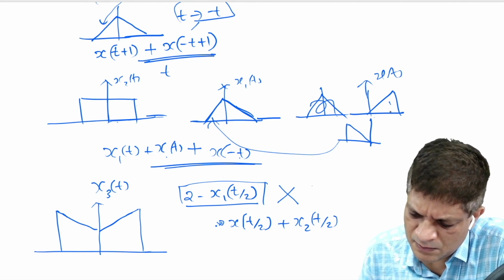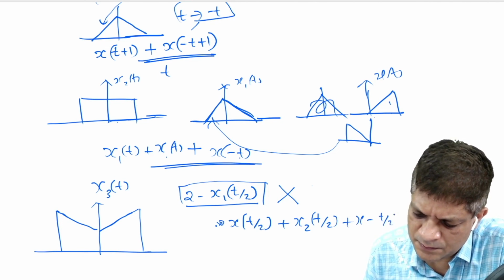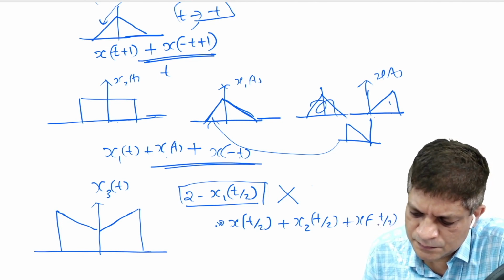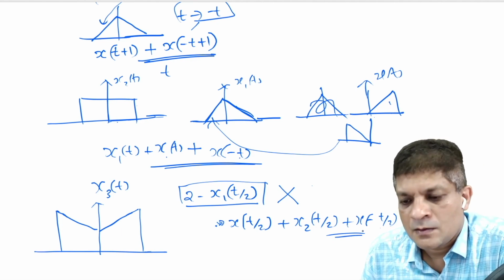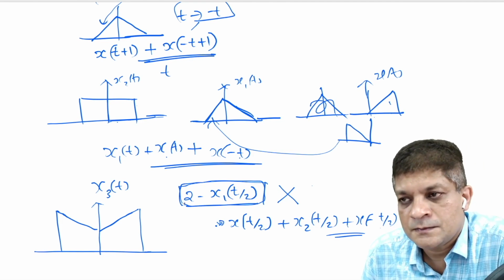It should also contain x(-t/2). That is correct.